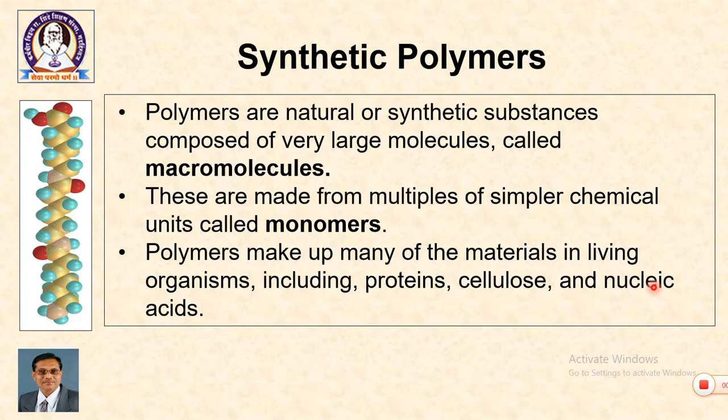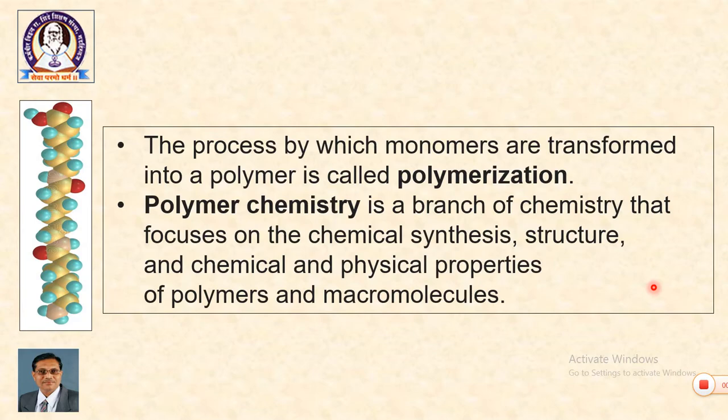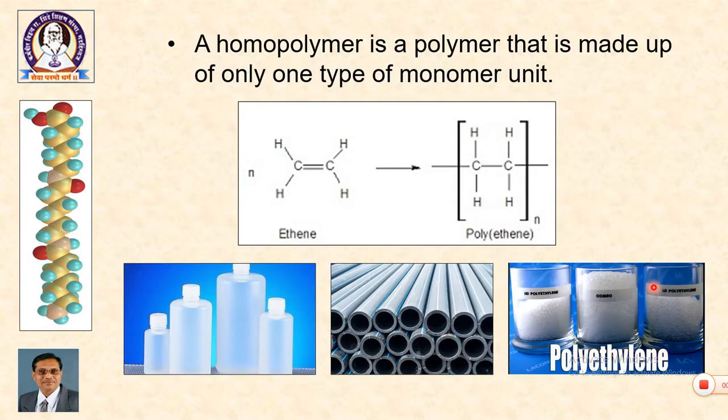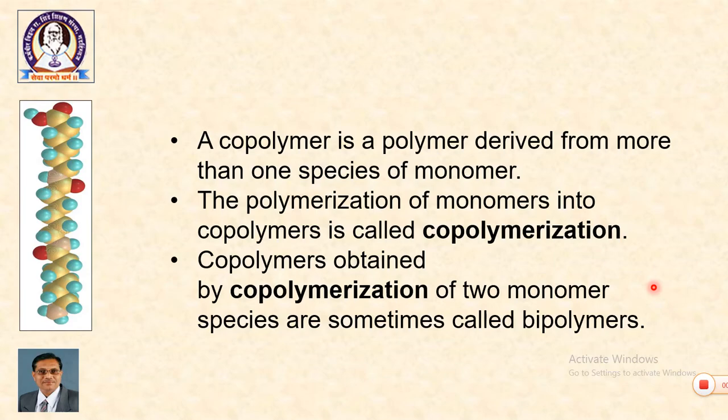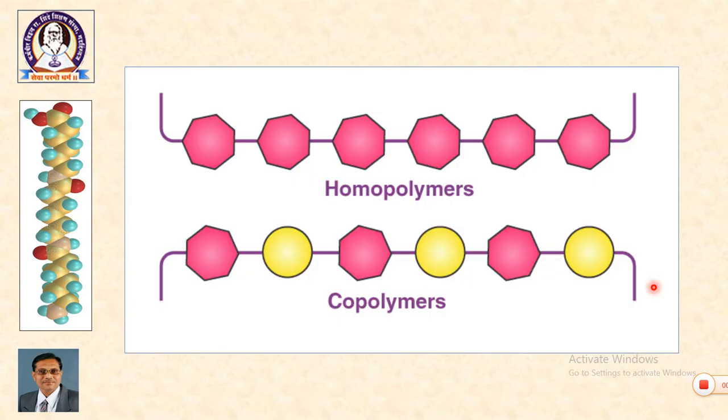Polymers are macromolecules, and the building blocks are called monomers. The process of getting polymers is called polymerization, and the branch of chemistry dealing with these polymers is called polymer chemistry. Polymers made up of only one kind of monomer are homopolymers. PVC and polystyrene are the examples. Copolymers are the polymers which are made up of two or more kinds of monomers.